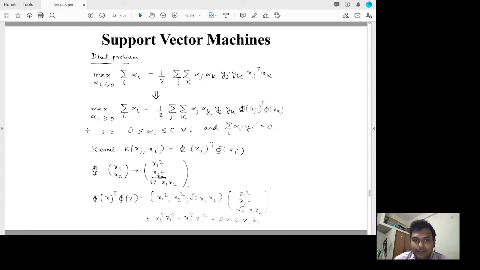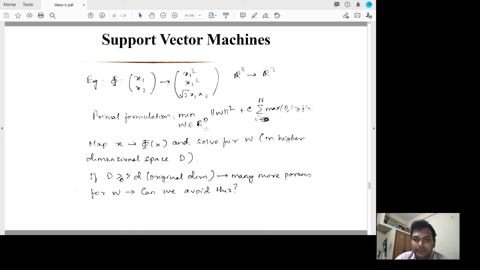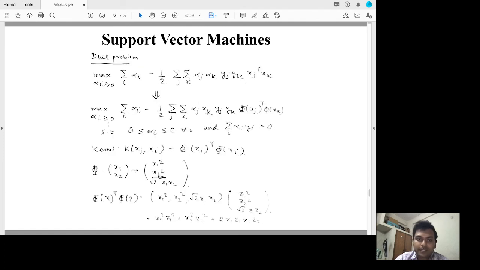You see here in the primal formulation, w had a dimension of R^D, which is the dimension where you have projected your x1, x2 points to. So depending on whether you project to a 100-dimensional space or a 1000-dimensional space, the number of variables that you need to solve for will change, correct? In the dual formulation, alpha i goes from 1 to n, which is the number of training samples.